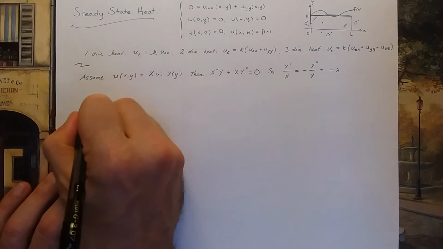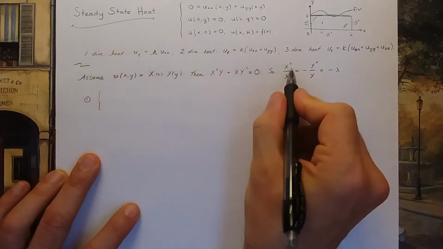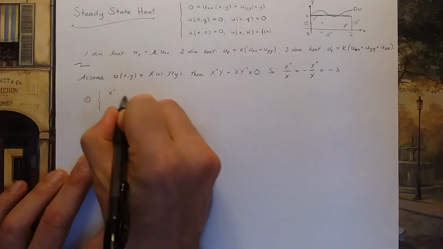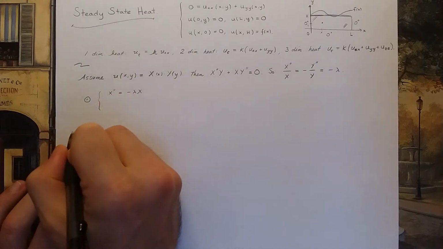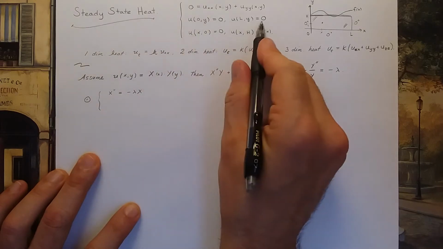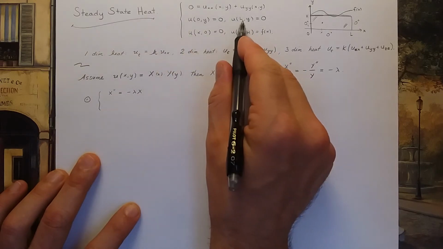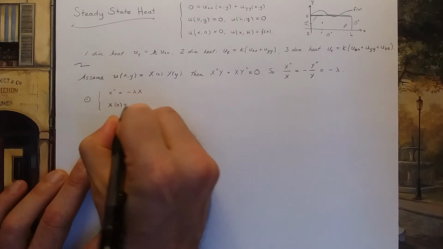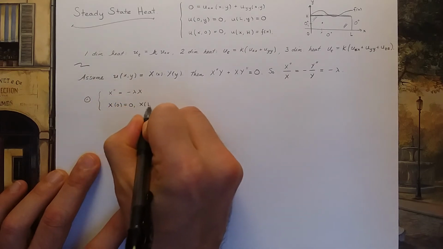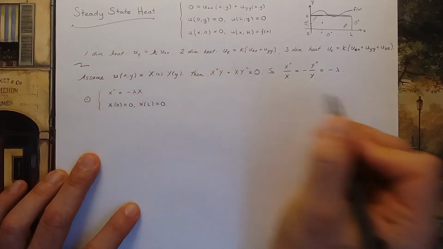We have equation 1, the x equation: X double prime is negative lambda X, subject to the boundary conditions that if I plug in 0 or L, I get out 0. So X of 0 is 0, and X of L is 0.